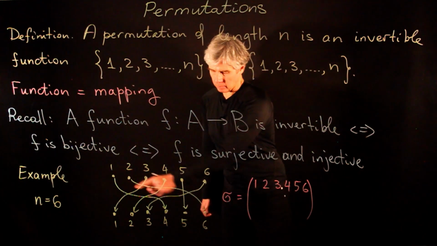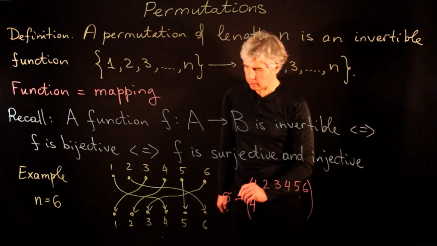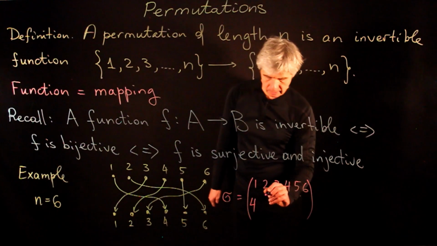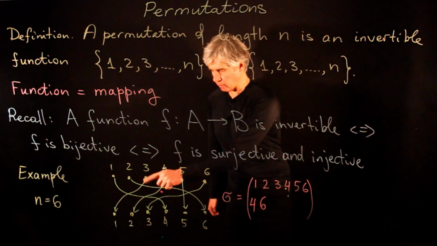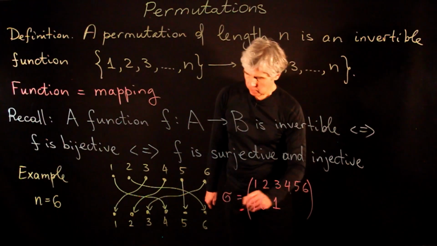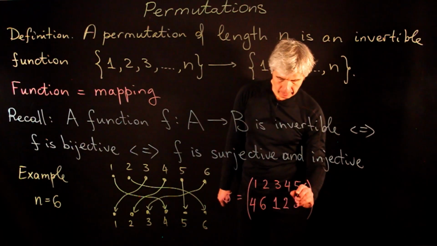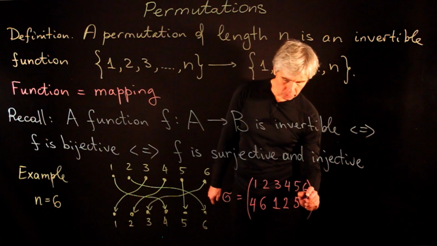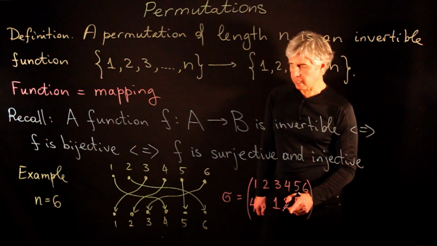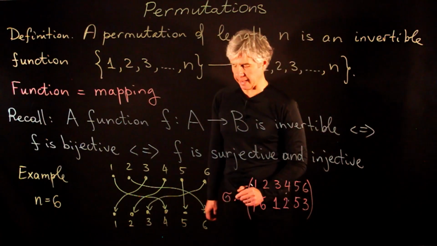Say 1 goes to 4, so we write a 4 here. 2 goes to 6, 3 goes to 1, 4 goes to 2, 5 goes to 5, and 6 goes to 3. This is a compact notation that encodes this diagram.